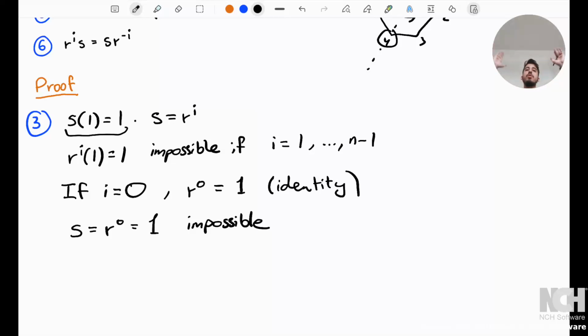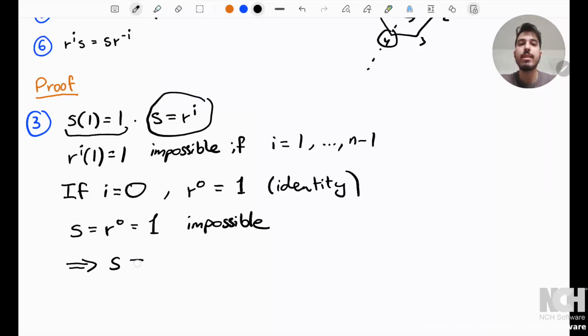So we only need to show it between 0 and n minus 1, and that means that we can never have s equal to r to the i. So s is not equal to r to the i for all i between 0 and n minus 1.